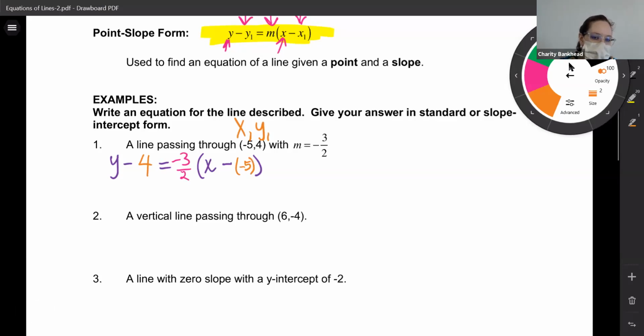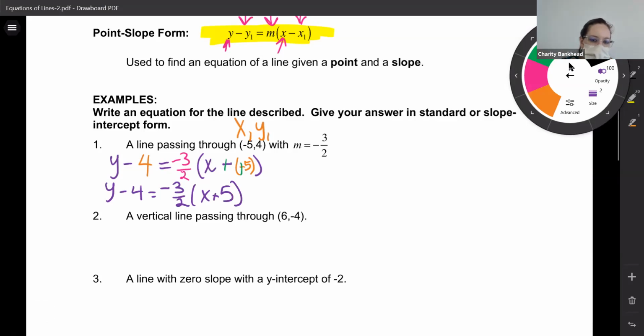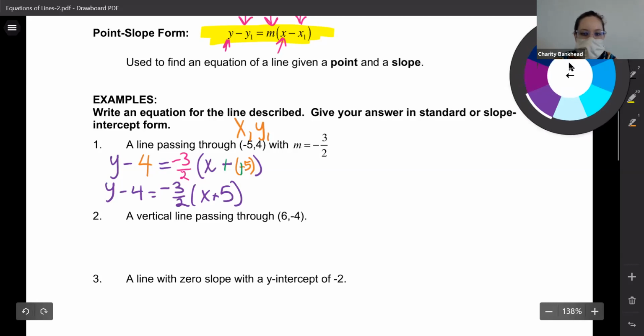From there we just need to simplify it so that it gets into slope-intercept form. So minus a negative is a plus. So I have y minus 4 equals -3/2 times x plus 5. And next I'm going to distribute the -3/2.